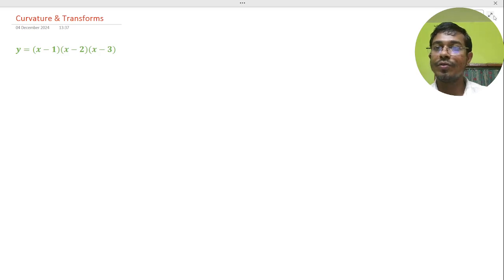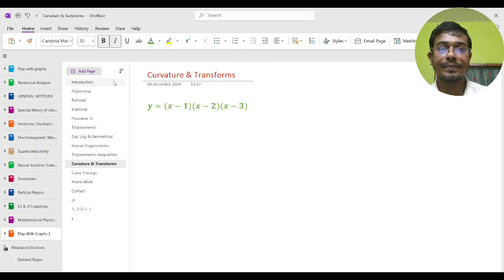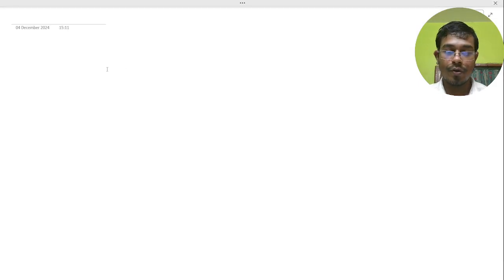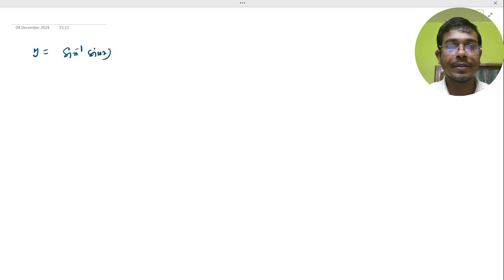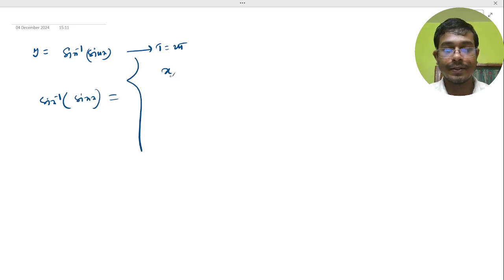If we plot a graph of y equal to sin inverse sin x, the time period is 2 pi, and sin inverse sin x is basically x for minus pi by 2 less than or equal to x less than or equal to pi by 2.